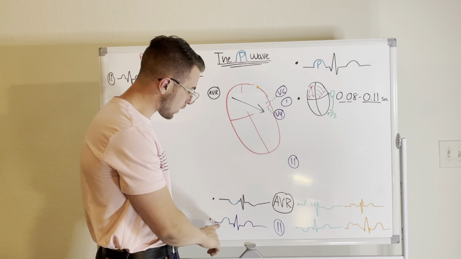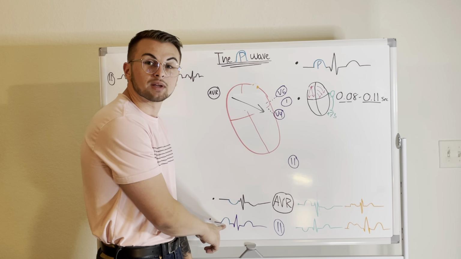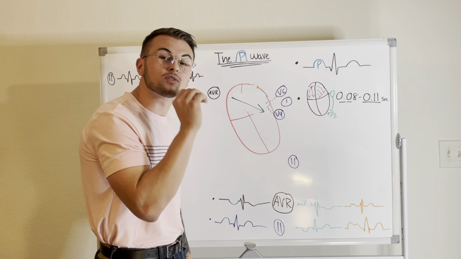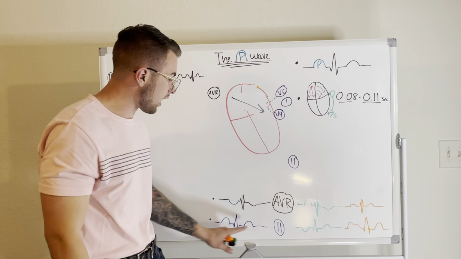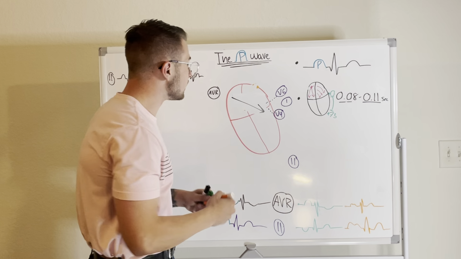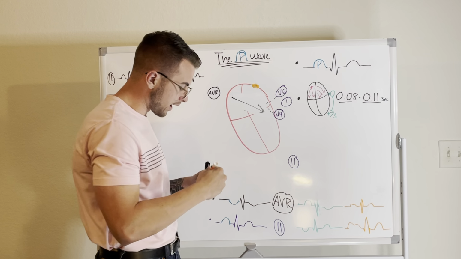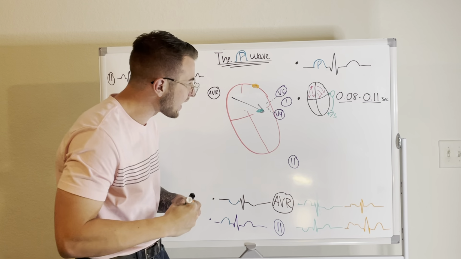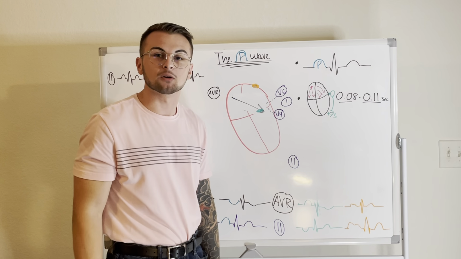Therefore, the P wave in these leads will likely be positive. Lastly, we have learned that the morphology of the P wave, or how the P wave looks, simply depends on the location from where the pacemaker cell is firing from and how fast that pacemaker bundle is.